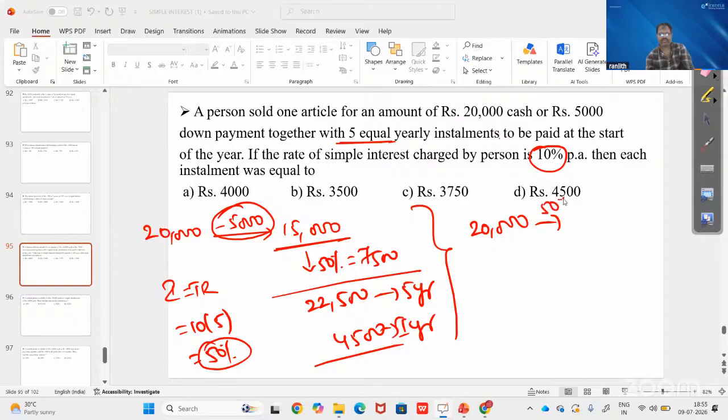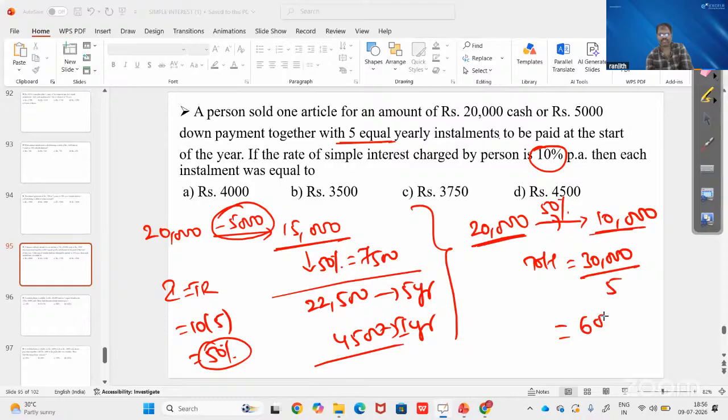What is 50% of 20,000? It is 10,000. So 20,000 plus 10,000 extra, the total amount is 30,000. For how many years? For 5 years. 30,000 divided by 5 equals 6,000. So each installment is 6,000 rupees.